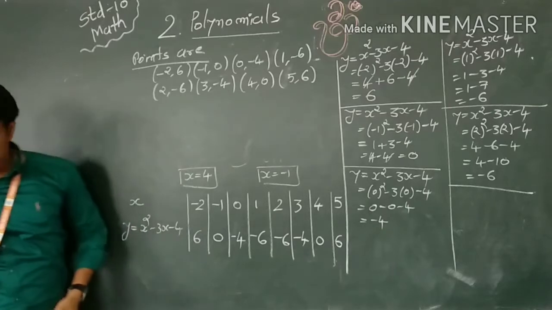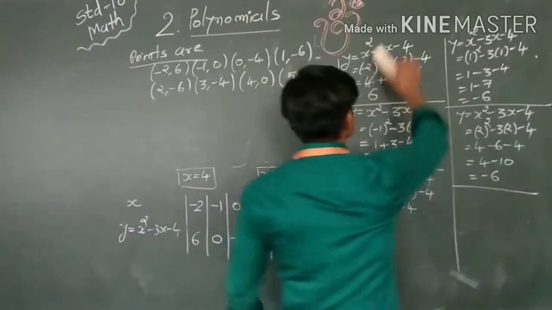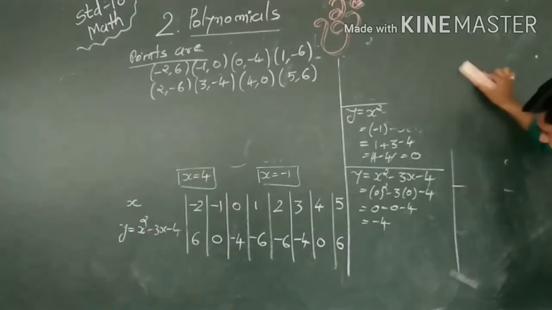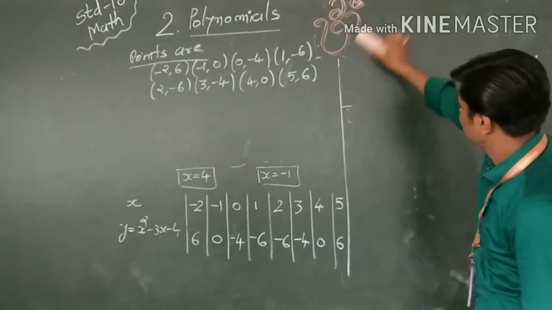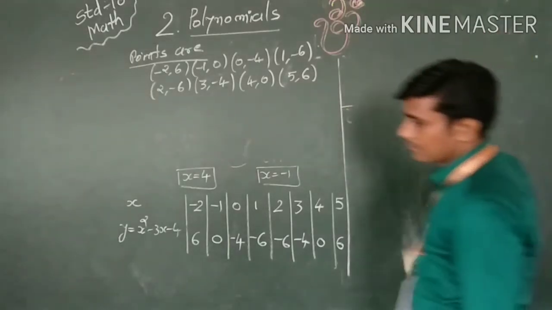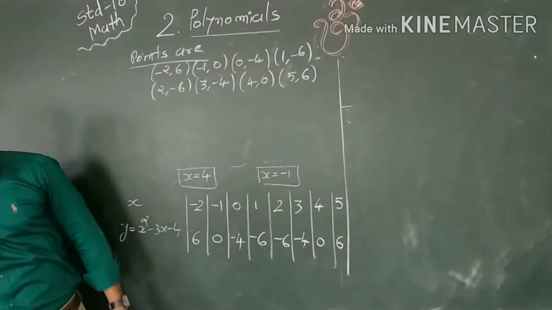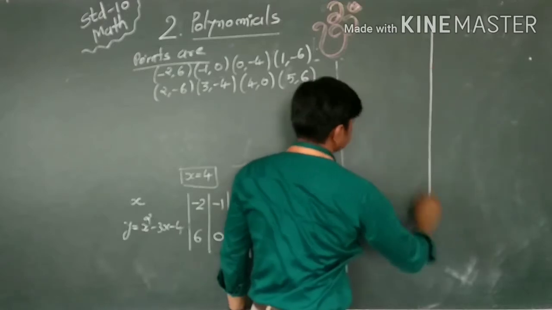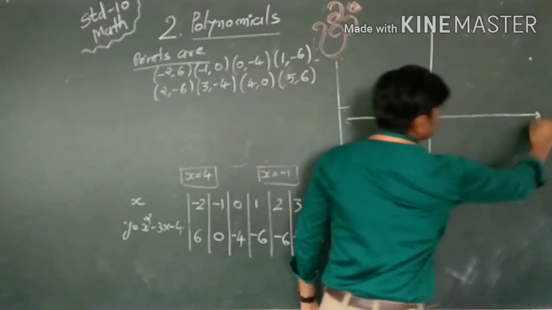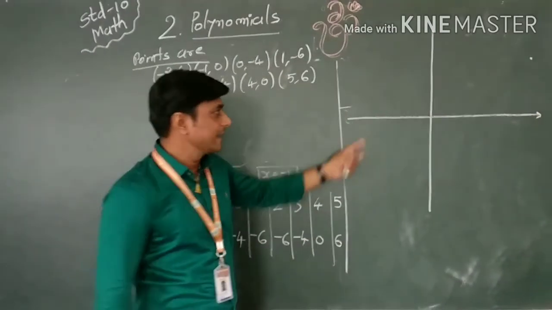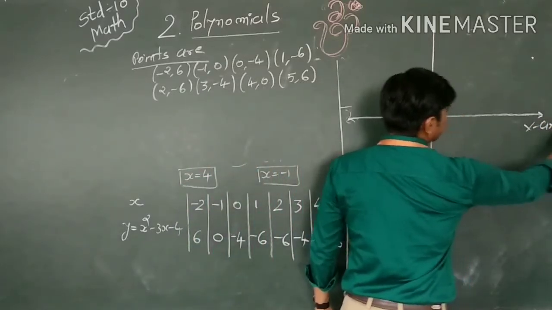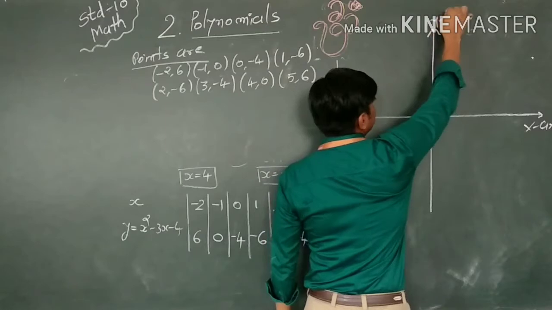I draw a rough sketch of a graph. This is a horizontal line, say the x-axis, and the vertical line is the y-axis.